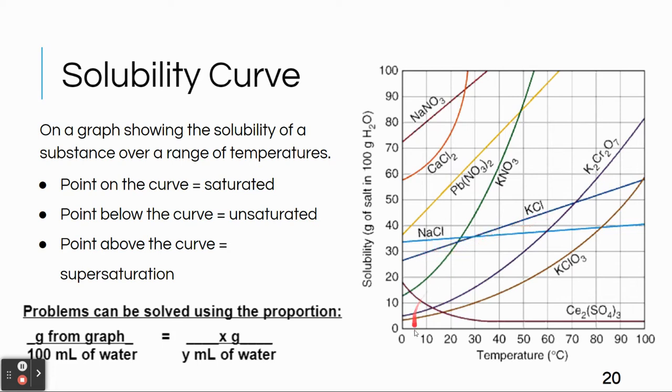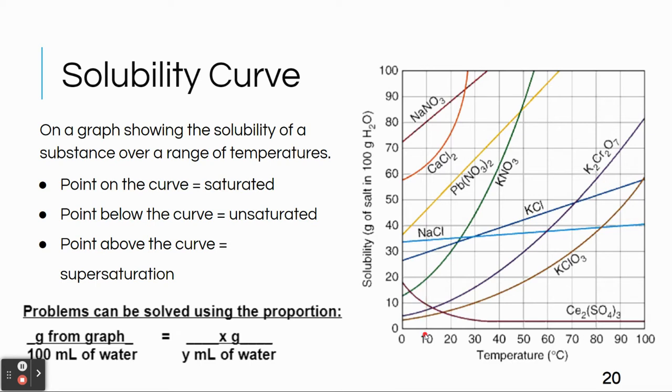So for KCl, if we're at 10 degrees here, you can fit 30 grams in 100 grams of water. That's a saturated solution. But let's say you're at 10 degrees and you only put in 20 grams of KCl. Well, you could have fit more. So that means that your solution of KCl would be unsaturated. So the point on the curve itself is the saturated point, and any less than that is considered unsaturated.